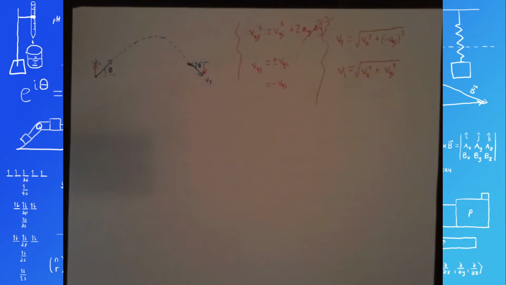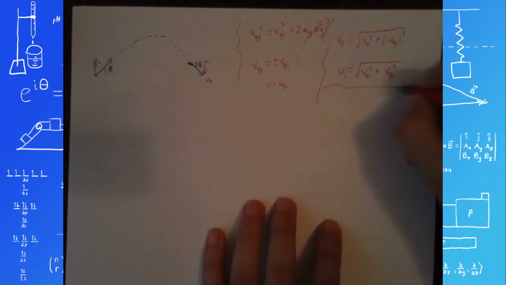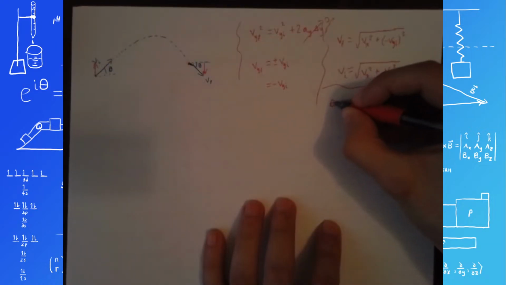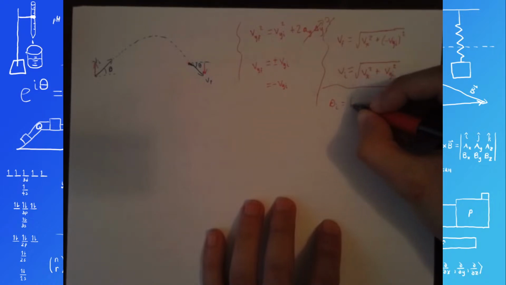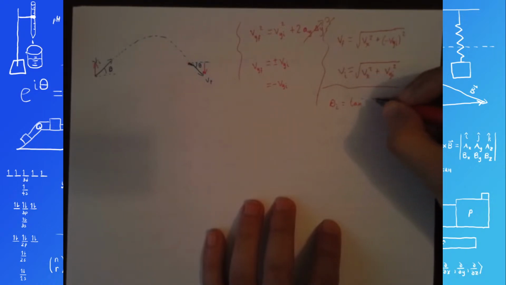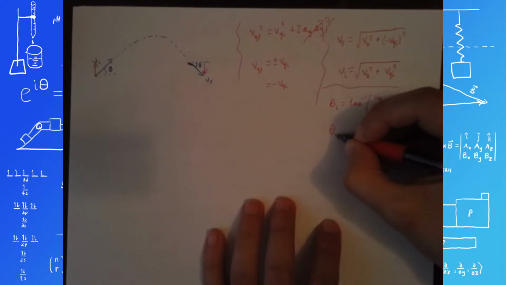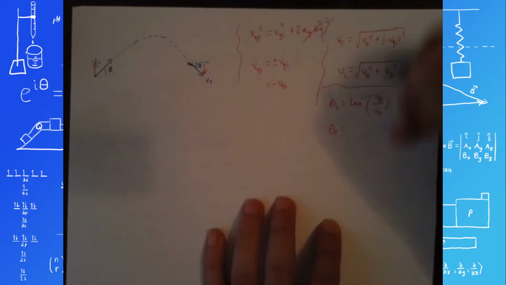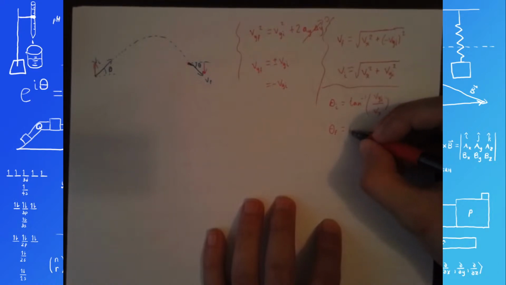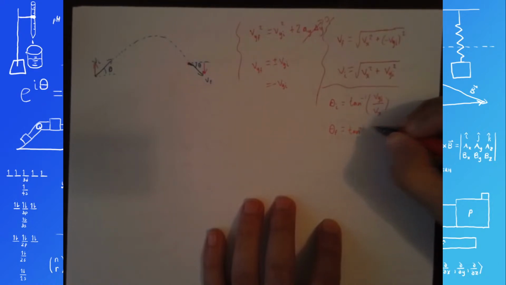In terms of angle, we can see that they're equal because the initial theta, I'll call it theta initial, is just inverse tan of Vy initial over Vx, while theta final, that theta over there, is equal to tan inverse of negative Vy initial over Vx.